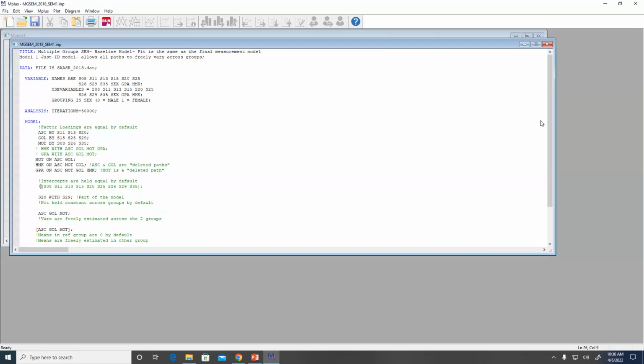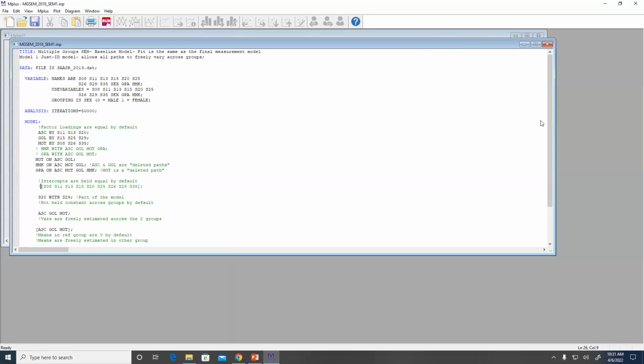Let's say this path is just a little bit positive for boys and just a little bit negative for girls. Neither of these paths is statistically significantly different from zero, but the paths are statistically significantly different from each other. That would be information I would want to have.